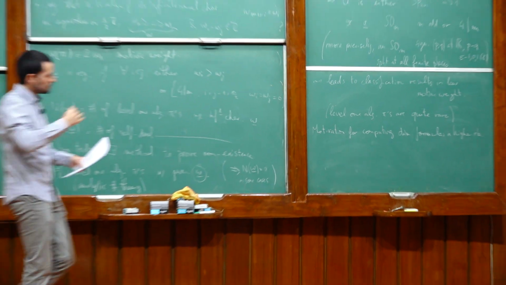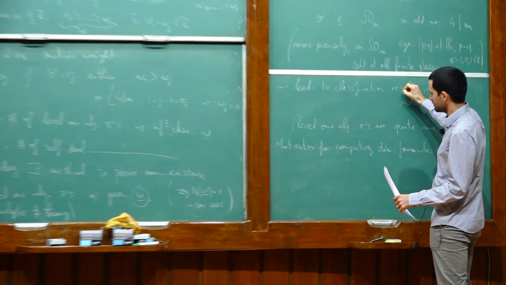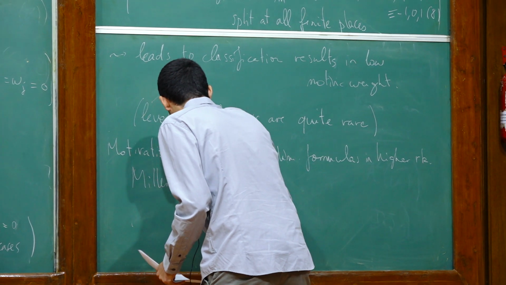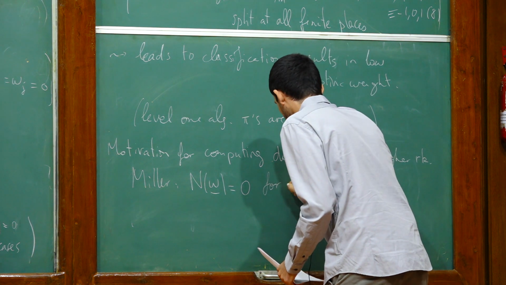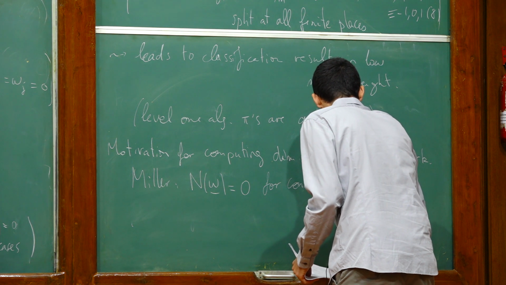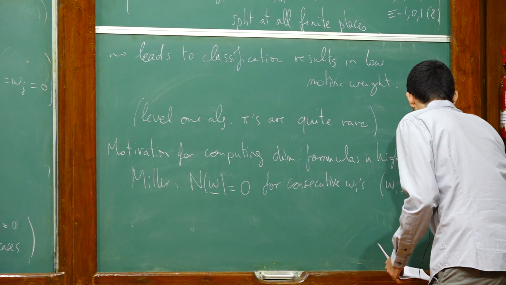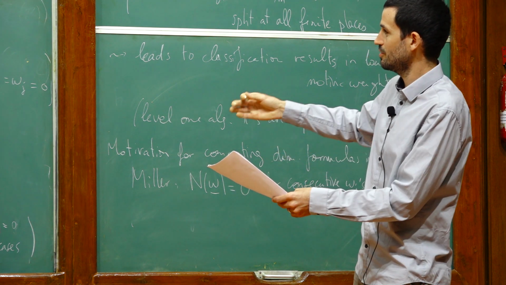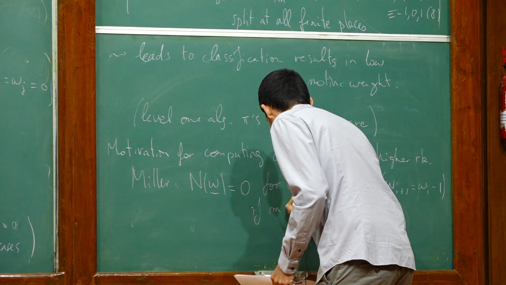At the beginning, there are very few examples of such pies, and also Miller showed that this is empty when you consider consecutive Wi, so W_{i+1} is Wi minus 1. Or if you renormalize, it's just saying that the Wi are 0, 1, etc. up to m minus 1, if m is less than 27.